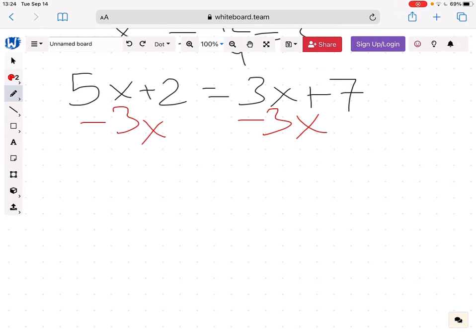Now, I would like to mention here that when you say 3x's, so I'm saying minus 3x's, it's not that I'm subtracting something weird and abstract, okay? I'm subtracting a number because, remember, x is a number. We just don't know what this number is yet.